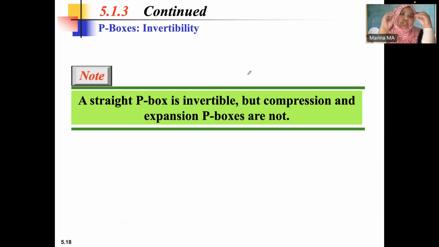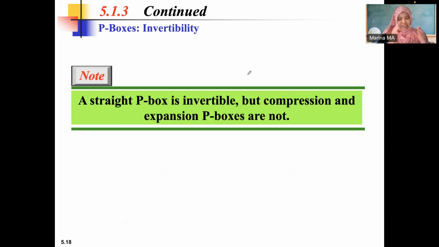Now let's think about another theory: a straight P box is invertible, meaning you can easily invert from this to this and get it back the other way around. For a straight P box, the mapping table is the key.